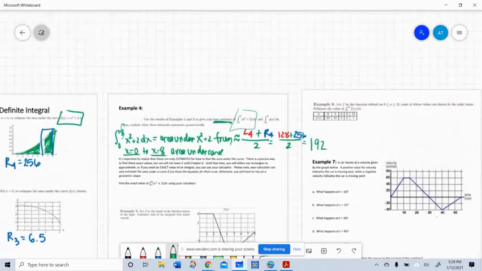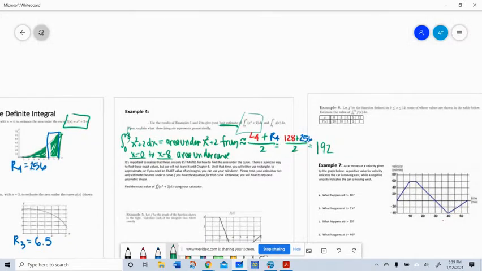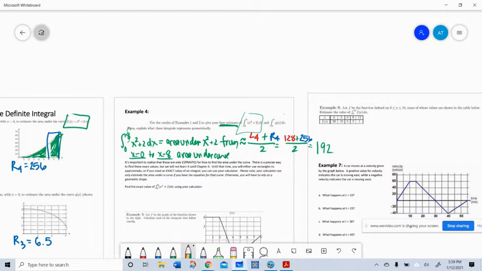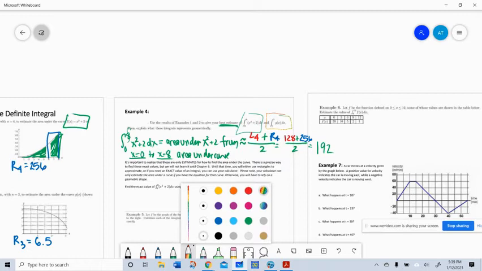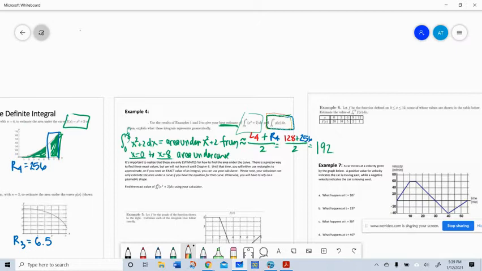So now they've asked us to also compute this guy. I'm going to use my cool rainbow pen. Check him out. Pretty awesome. So we're also going to compute the integral from 0 to 3 of g of x dx.